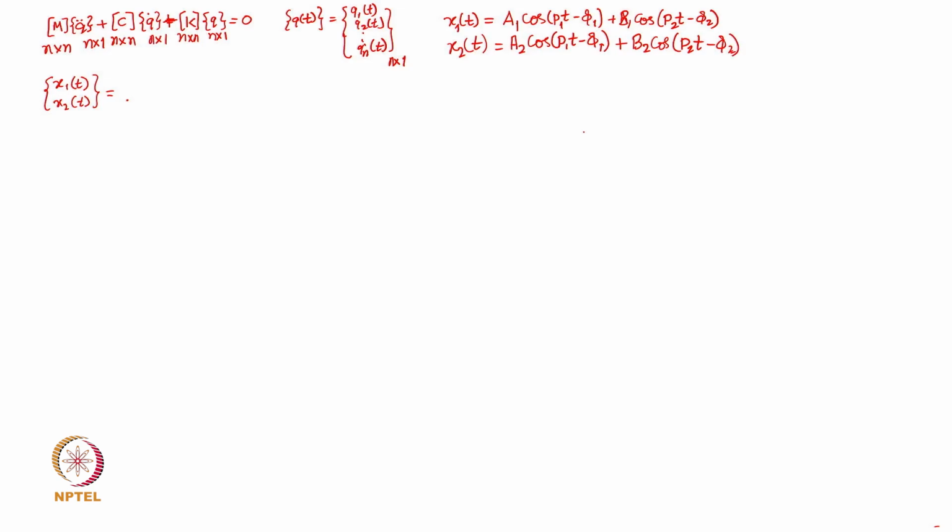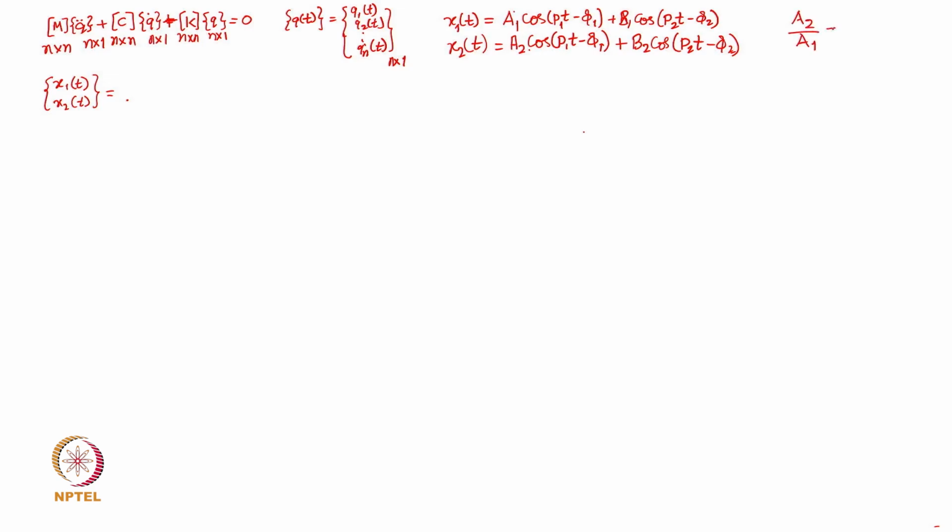You remember that a1, b1, a2, b2, phi1, phi2, these are all the arbitrary constants which need to be found using the initial conditions. But we also know that if the contribution comes from p1 or the first mode, the amplitudes of the first and second mass maintain some relationship, right, and that relationship is nothing but your mode shape.